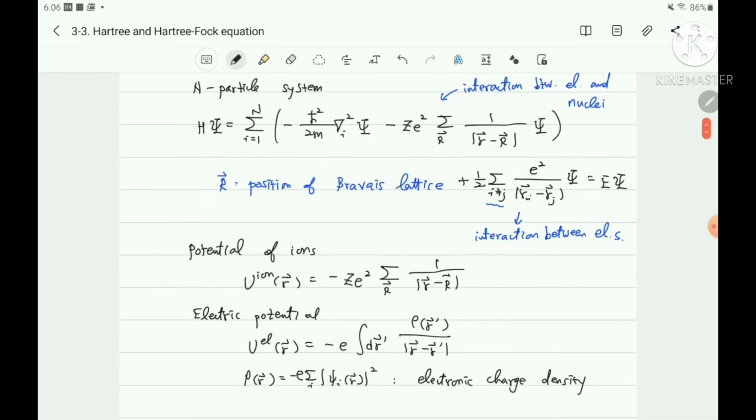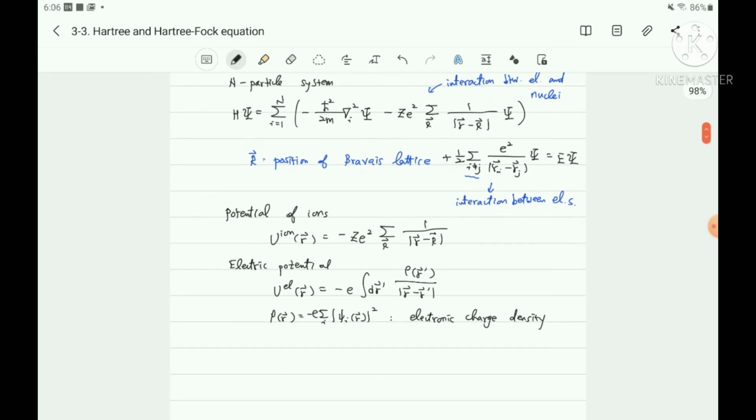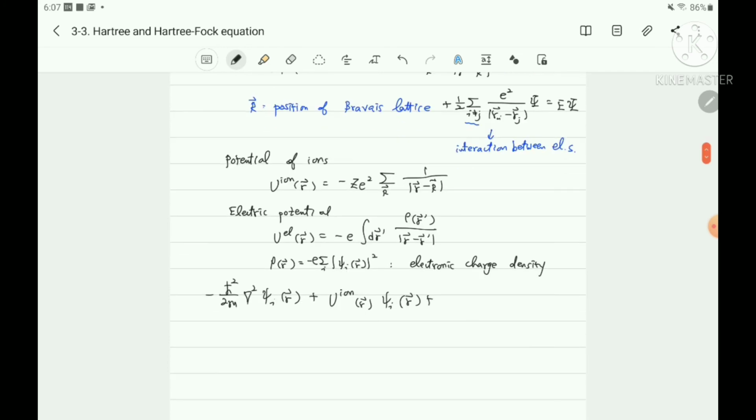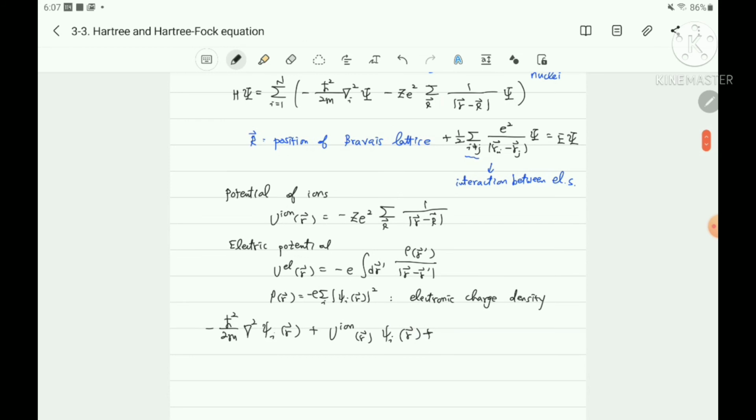Therefore, when we write down this equation, let's write down this Schrödinger equation. It can be written as minus h bar squared over 2m del squared, plus the electron-ion interaction, plus a summation over j.